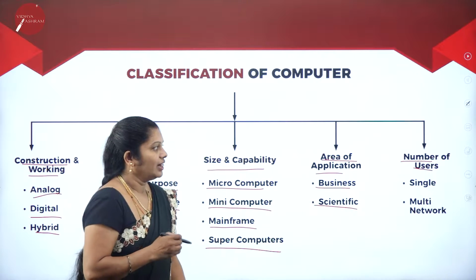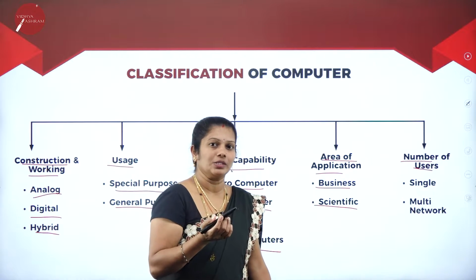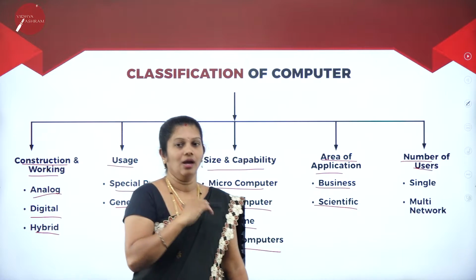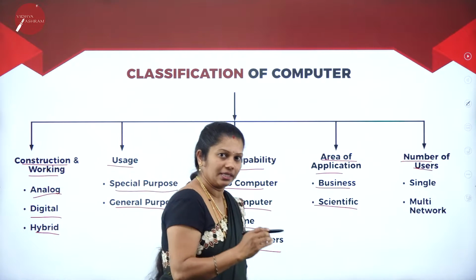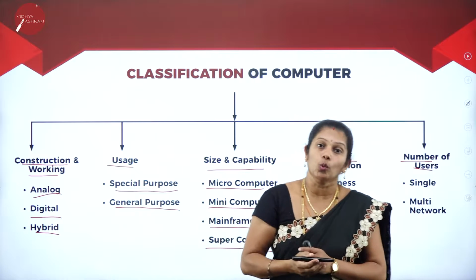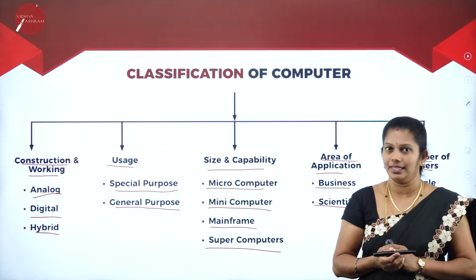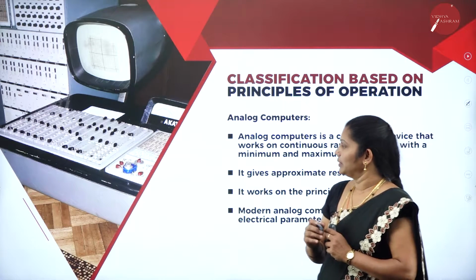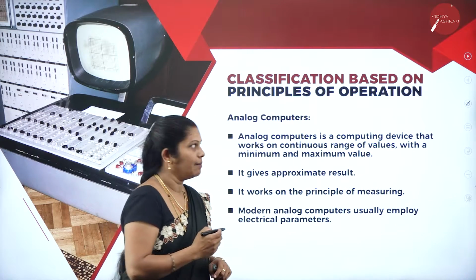In the same way, number of users: single user as well as multi-user or multi-network. Depending upon whether one person can work or more than one person can work, we can classify the computer. Now one by one, let us discuss what do you mean by analog computer, digital computer as well as hybrid computer.